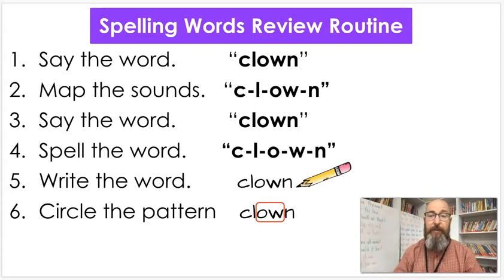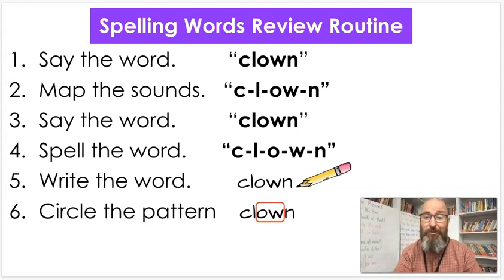Clown. Then we would spell the word. Now, when we spell the word, we actually have a little routine. We get our hands out, and we call it smashing the word. So we smash the word. We say CLOWN, clown, and it's more fun. So we do it that way.